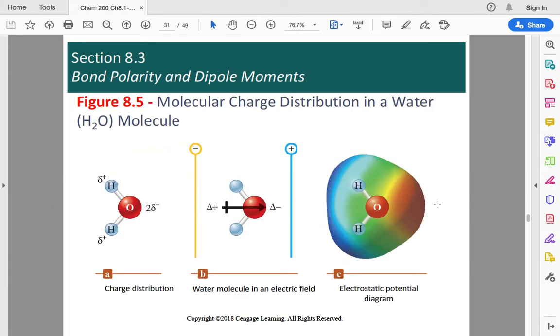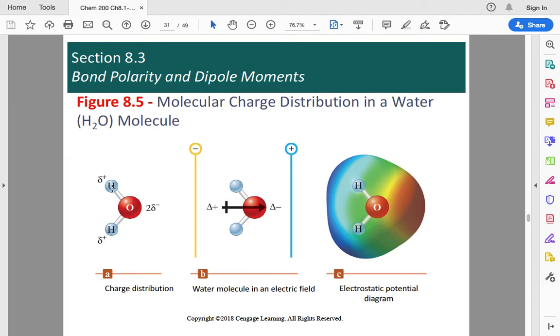Here's an example with the water molecule. This is what I was saying, as we get bigger, more complex molecules, it starts getting a little harder to kind of draw everything out. These are the different ways we represent that polarity, right? Those different dipole moments. So in a water molecule, we actually draw a water molecule like this. Later this chapter, you'll learn how and why we draw water in this kind of V bent shape that we have going on here. But right, H2O.